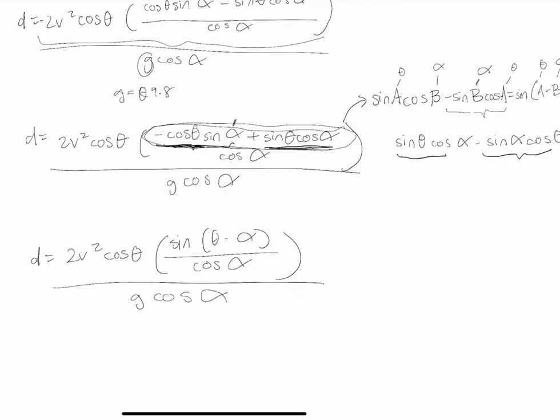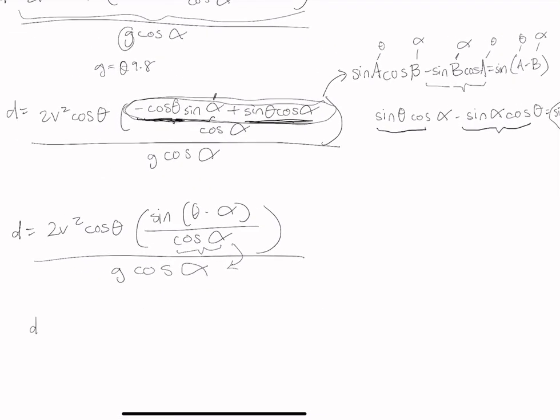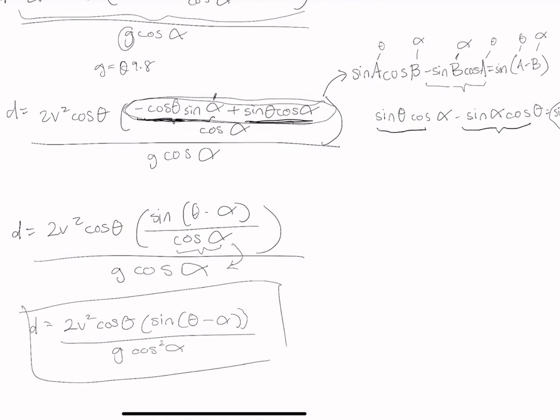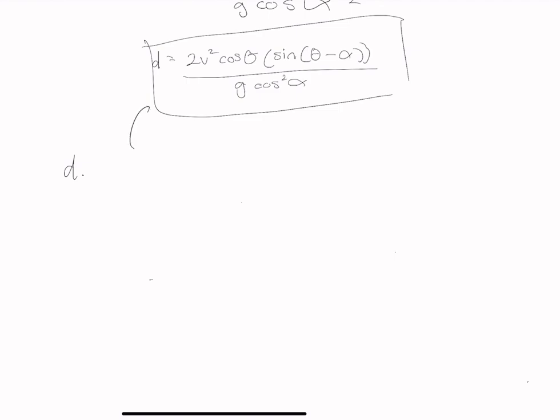And our last step here is to bring this cosine alpha to the bottom. Let's rewrite that to make it more simple. So this is our final equation for D. Okay, so we're asked to find D max, and we already proved that this equation for D is true.